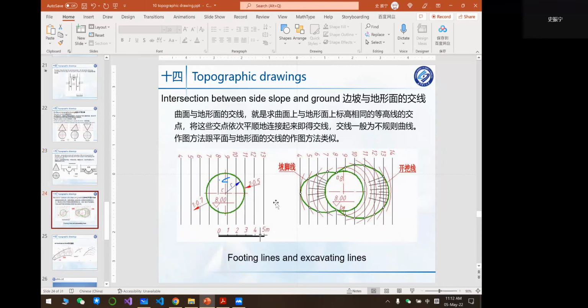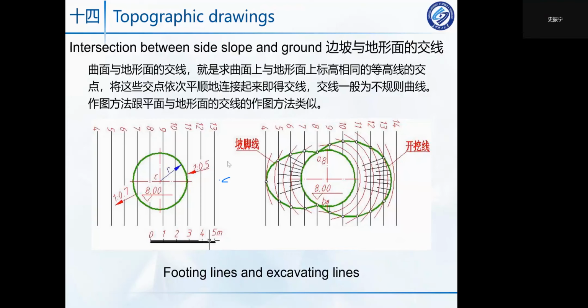This one is complex, so you can look at it. Can you imagine what the shape of this one is? This one is a plane, where the elevation here is 13, 12, 11, 10, 9, and this is a descending direction.